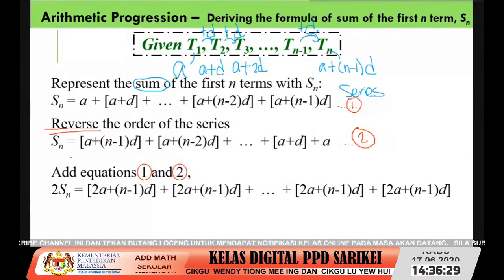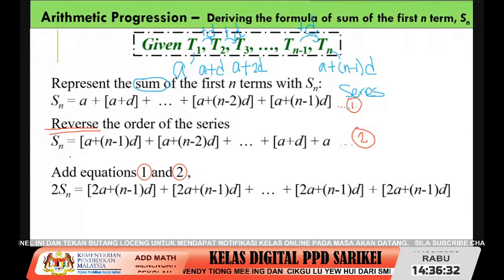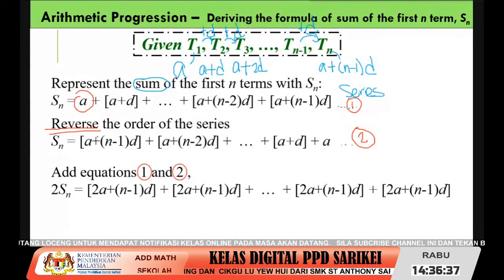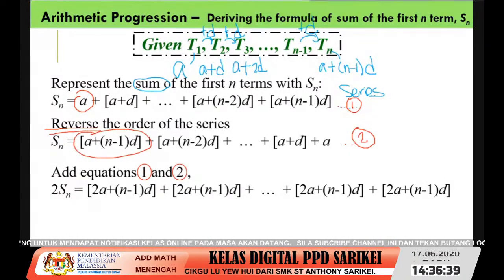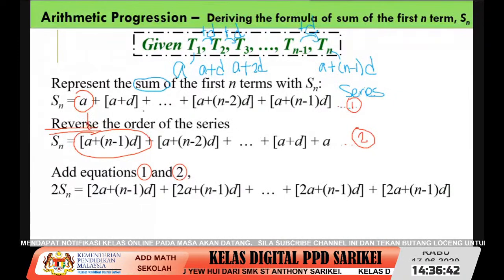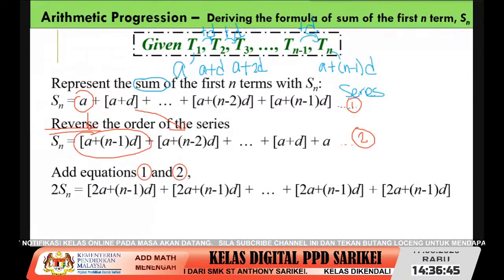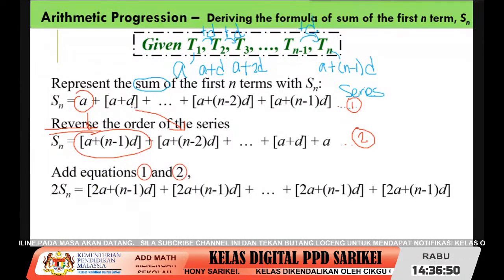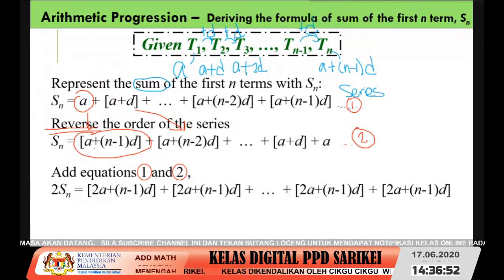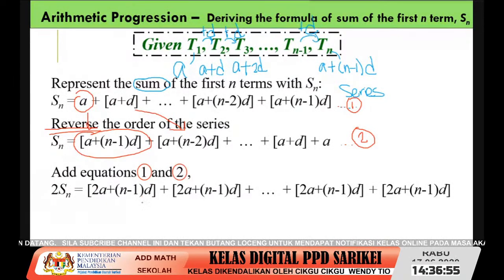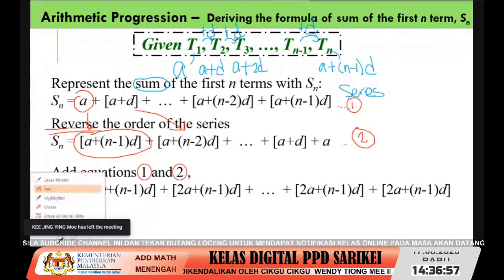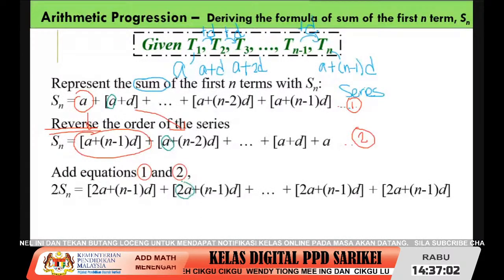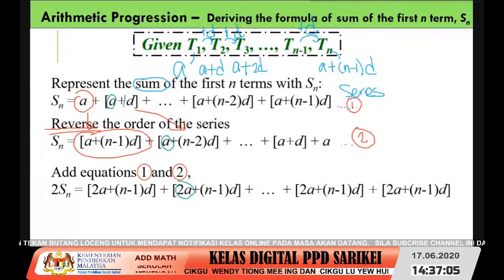So Sn plus Sn. 1 biji apple tambah 1 biji lagi, 2 biji apple. So it's 2Sn. Next, A plus n minus 1D. Sebutan yang pertama dengan sebutan yang pertama. Sebutan yang kedua dengan sebutan yang kedua. A plus A, 2A. Okay, A plus D. Next, D maksudnya 1D.